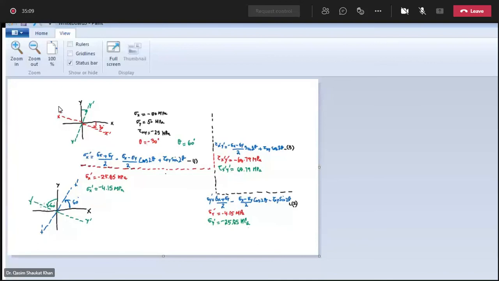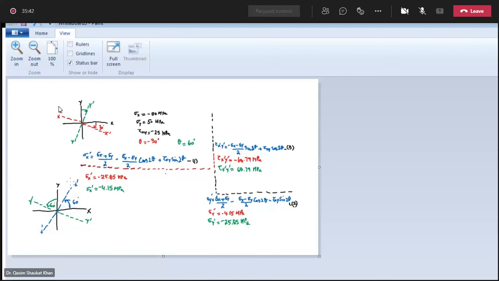Now if you see this y dash axis and this x dash axis, they are oriented at exactly the same angle. So this y dash axis, sigma y dash is minus 4.15 megapascals, and in this case sigma x dash is equal to minus 4.15 megapascals.